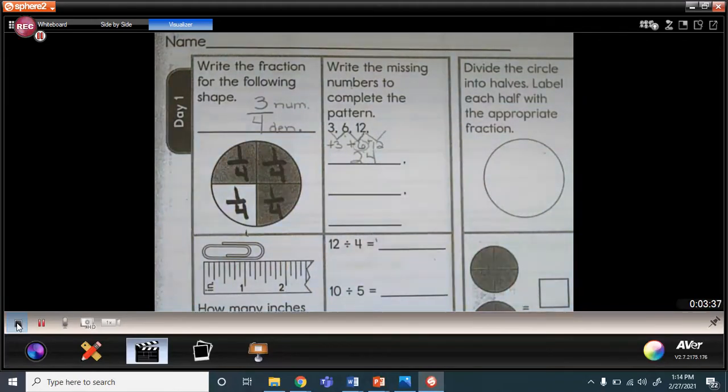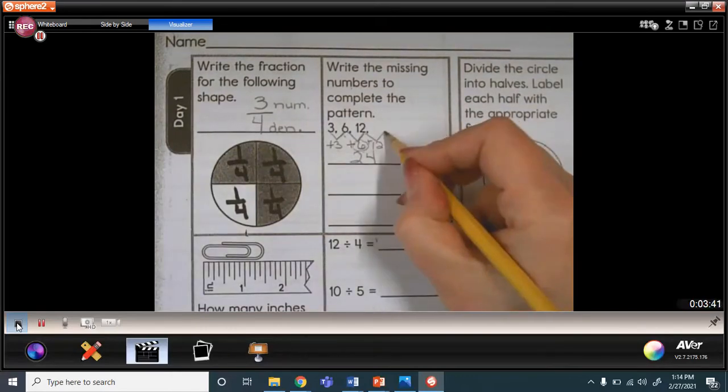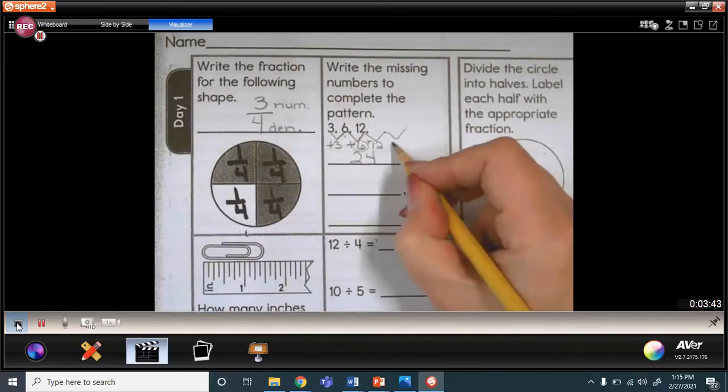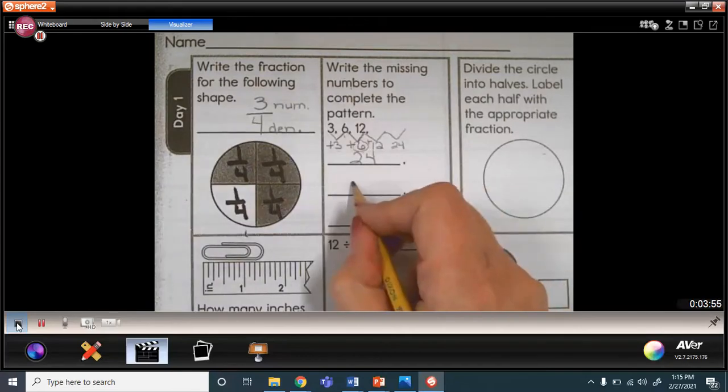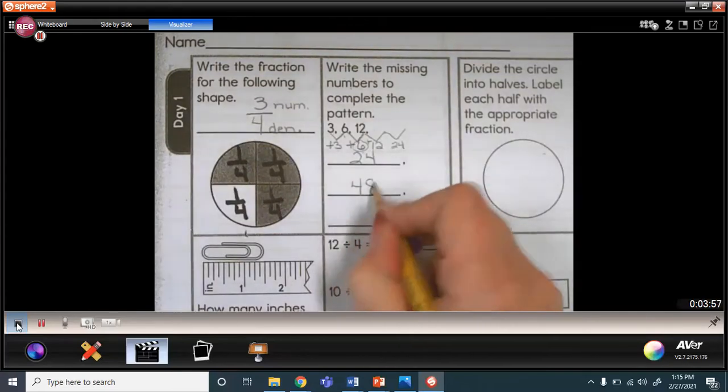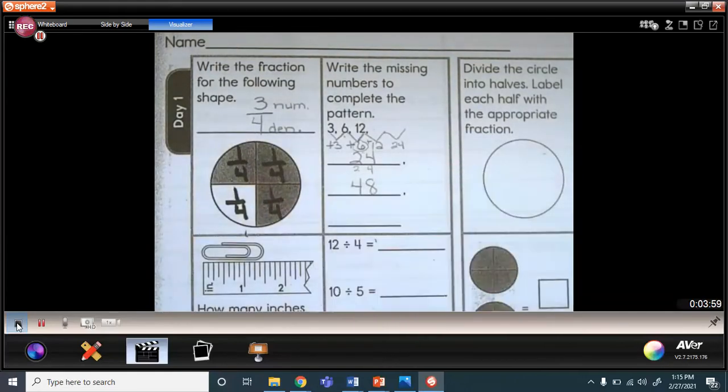Now, what happens if I double 24? Because that's what I'm doing. I'm going to double this. So I'm going to double 24. I'm going to multiply it by 2. So 24 plus 24 is 48, because I'm doubling this, right?